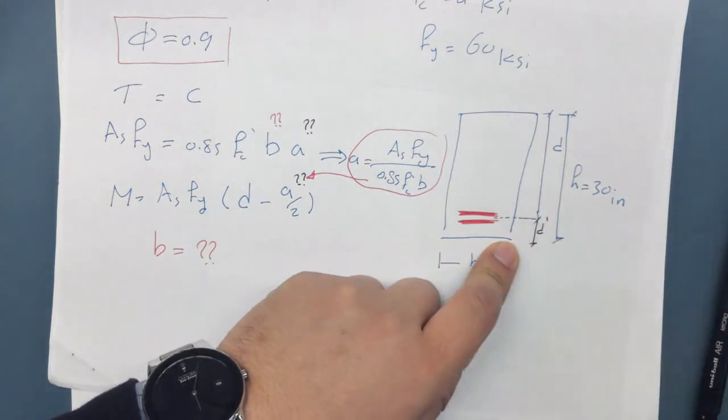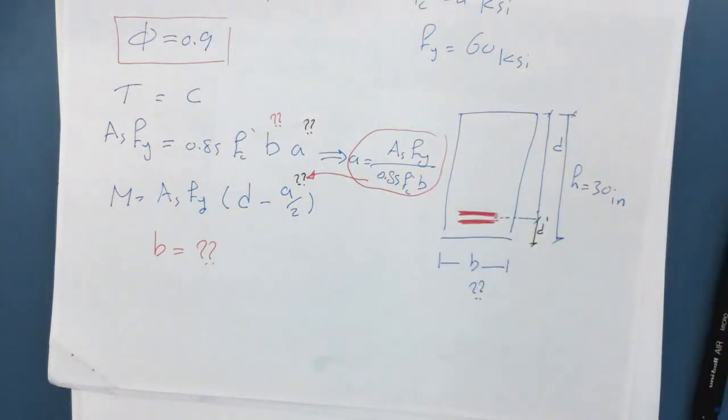And after jumping through a lot of hoops, it finds out that this distance is 3.5 inches. Okay? If you take the same problem and solve it only with 3 inches as an average value of D, you will be very close to the final answer.